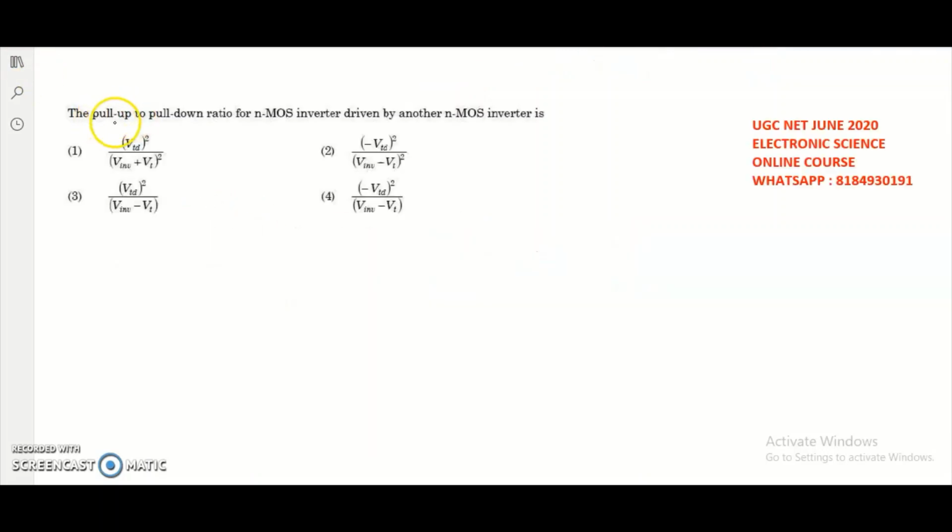And coming to the next question, the pull up to pull down ratio for an NMOS inverter driven by another NMOS inverter. So generally the pull up ratio can be given as LPU by WPU, that means the length by width ratio can be given as pull up to pull down. So here we are going to see this one.